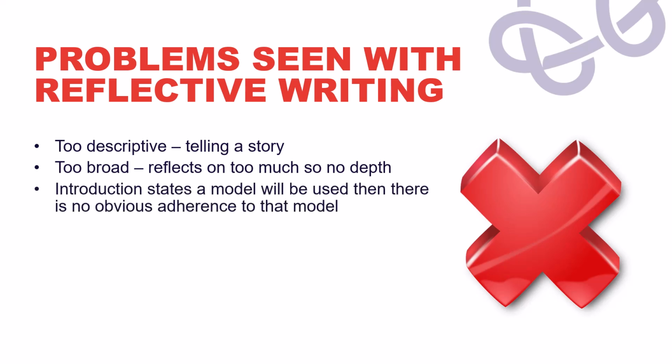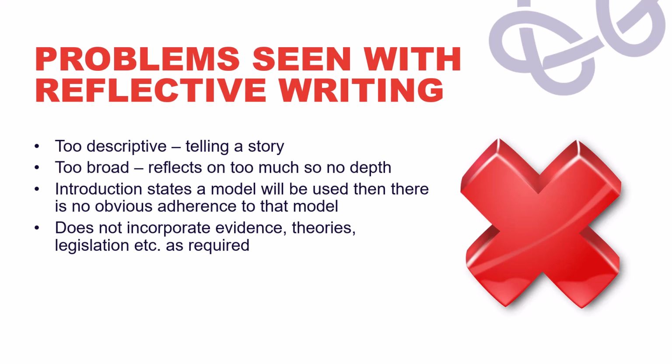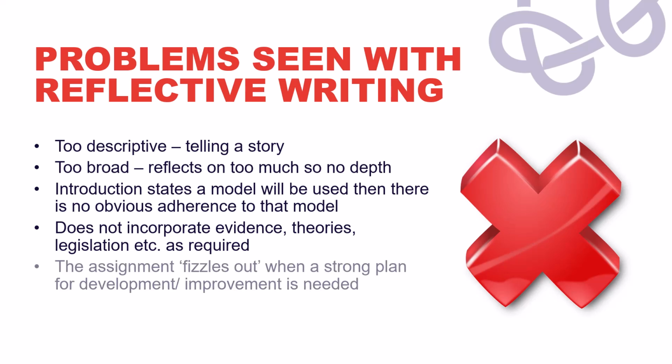The introduction of the reflection states that a model is going to be used, and then there is no obvious use of that model. If evidence or theories and legislation, official documents, etc. are not referred to, that's not going to support your reflection. If the assignment kind of fizzles out when you need to get to your evaluation and your action plan, that's not going to help you either.